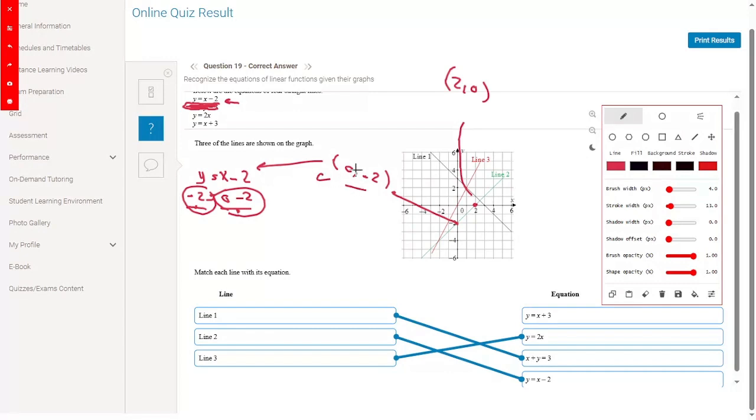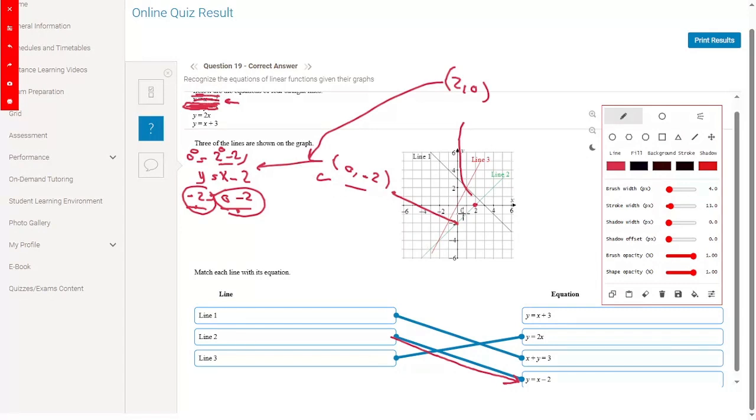So this can be okay. Let's take the other one, 2 and 0. So x is 2 and y is 0, and 2 minus 2 is 0, so they are equal. So this equation is for line 2. Yes, this is the equation, so we'll remove this one from here also.